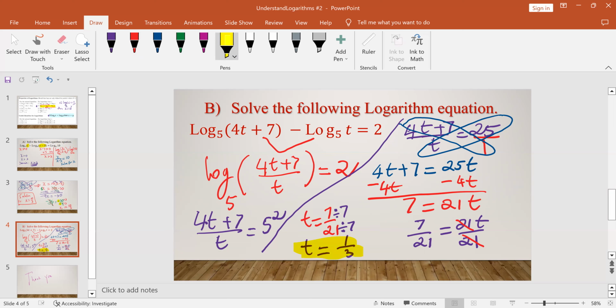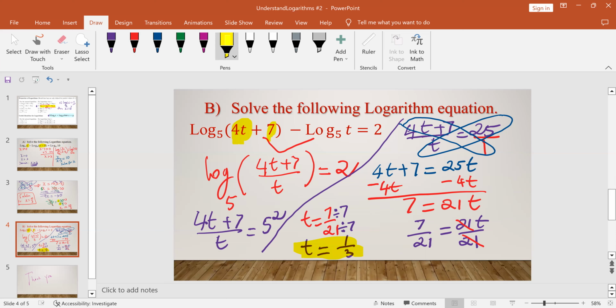So I said something before that if you don't know how to find the domain, it's not a big deal, but after you finish solving the equation, you plug it back to see if that works. Because t is 1 over 3, if you replace t by 1 over 3, you multiply by 4, that will be a positive number plus 7, also a positive number.